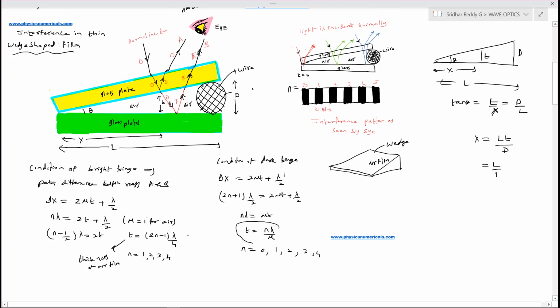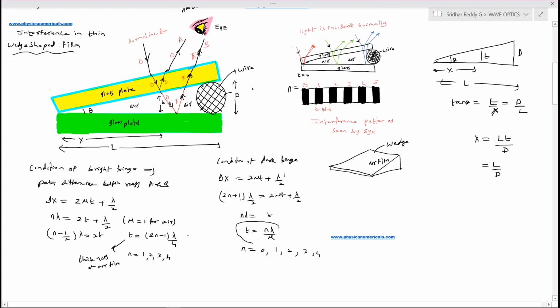So now put it here. What is t equal to? Shall we write it as n lambda? Sorry, there should be 2t here.